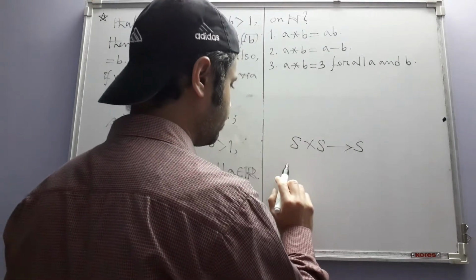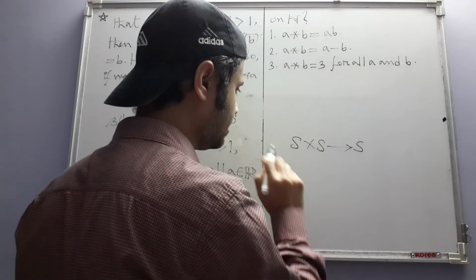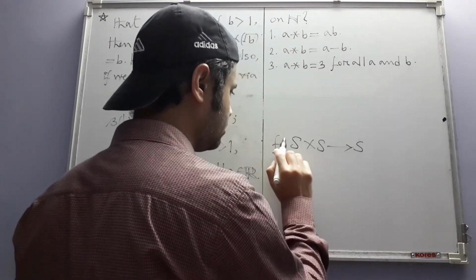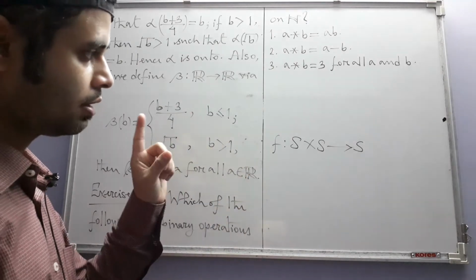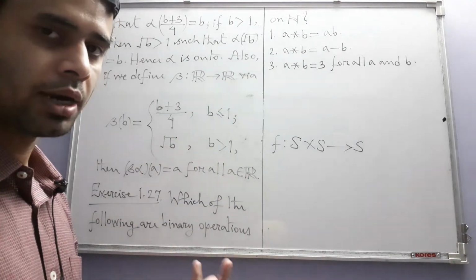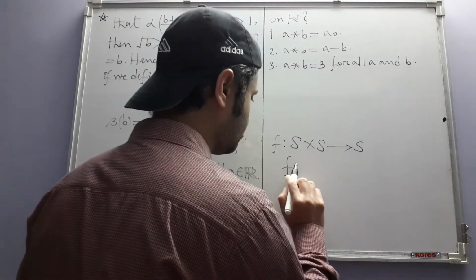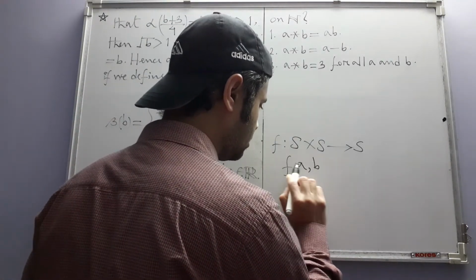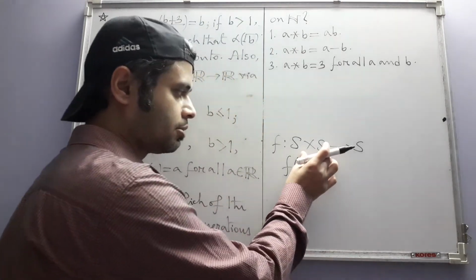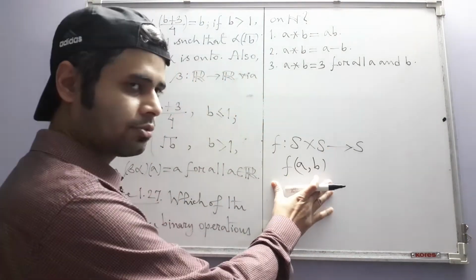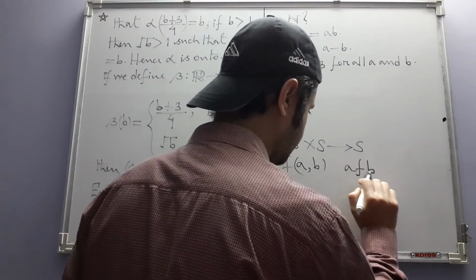And in the notation that we usually use in writing a binary operation, say your function f is this, then the function f itself is called a binary operation on S. But instead of writing the image of this input (a, b), which belongs to the domain, as f of (a, b), we write a f b.